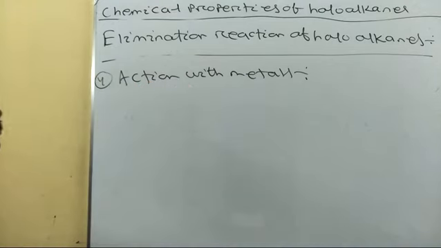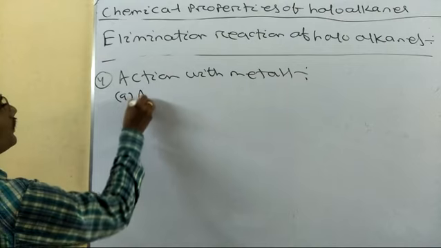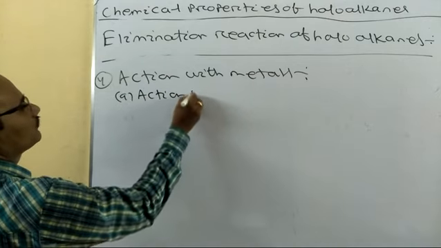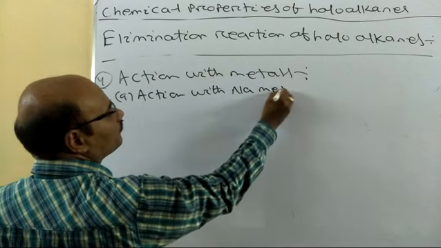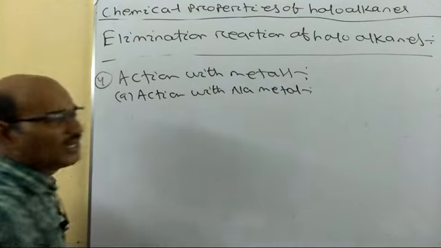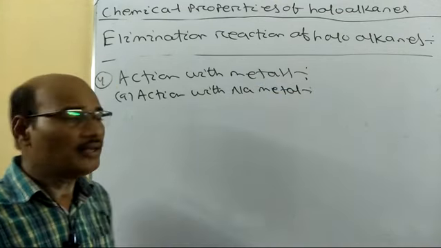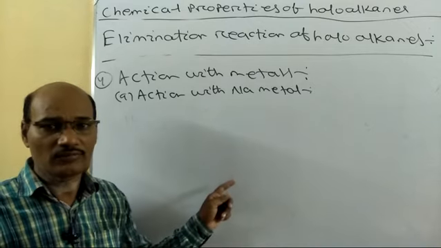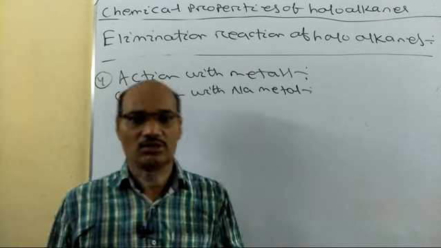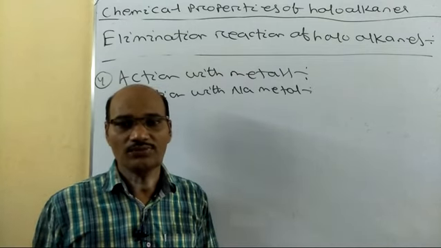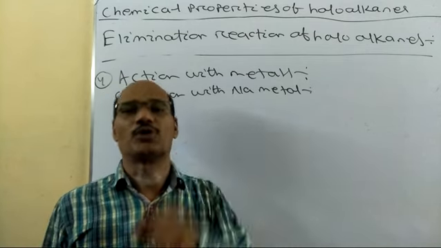First of all, we will see action with sodium metal. So what happens here? When an alkyl halide reacts with sodium metal in presence of dry ether, then a higher alkane is formed.